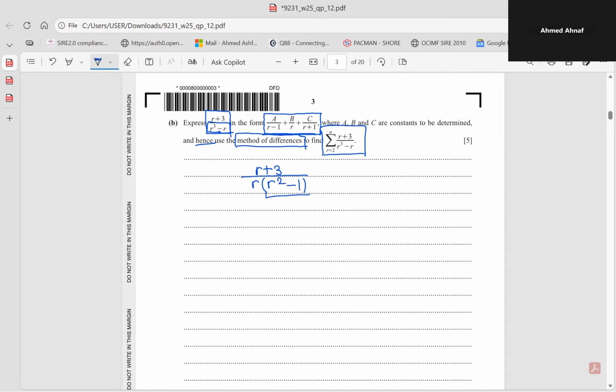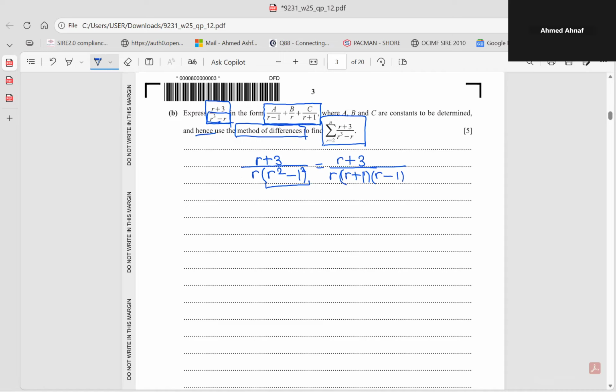And this r squared minus 1, we can use the difference of squares to factorize it further. So using that, we will get r times r plus 1 times r minus 1. Okay, all right. So now we're ready to express this in partial fractions.